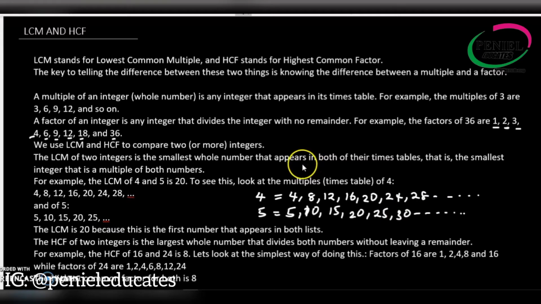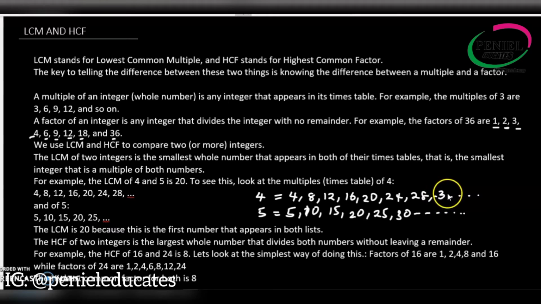Now for the LCM, the number that first appears the same in both lists of multiples is the lowest common multiple, because you can have other multiples that are the same as time goes on.